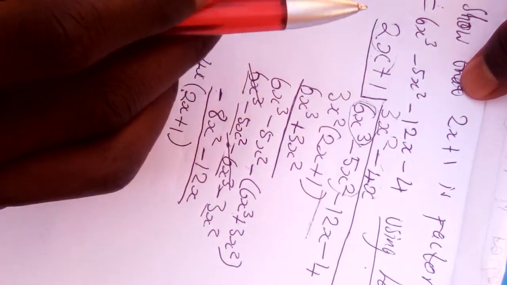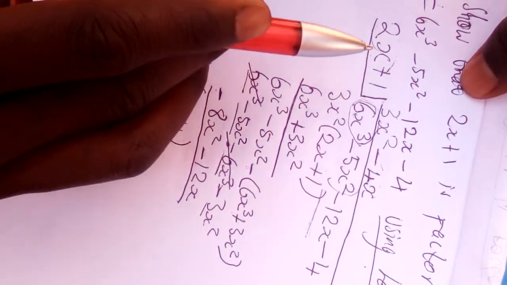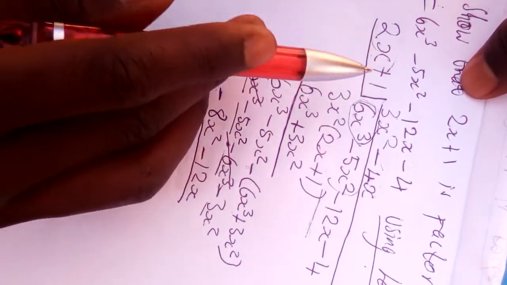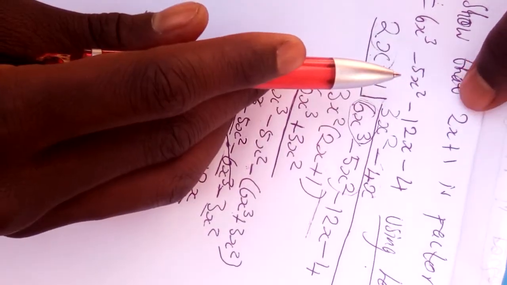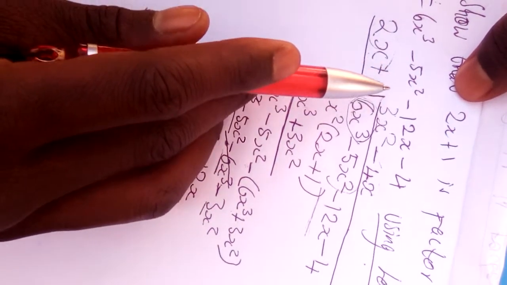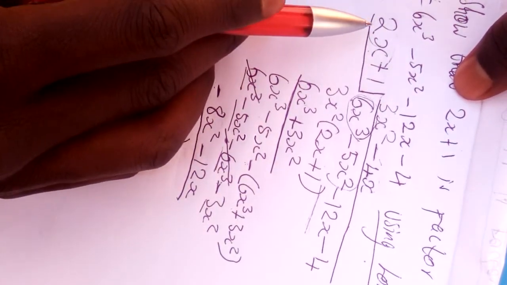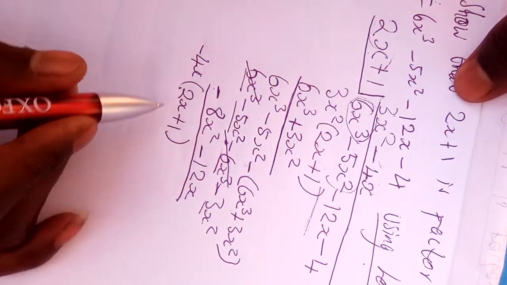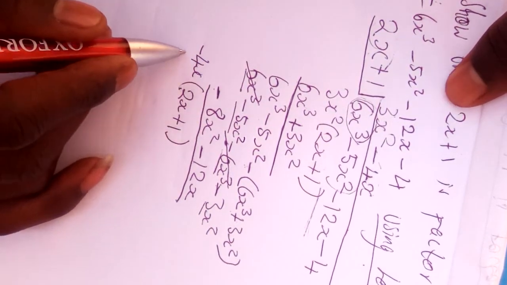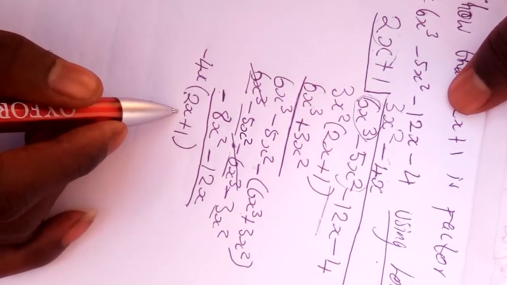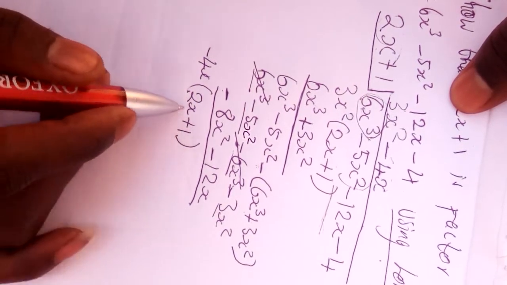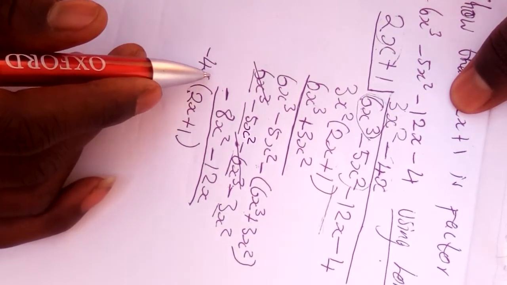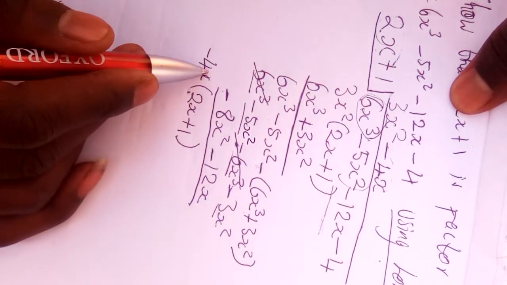Because we want to make sure that 2x plus 1 indeed is a factor of this equation. That is why we multiply by this number. So after we multiply by this number, what do we do? We simplify this term, whereby we multiply everything inside the bracket with the number outside the bracket.